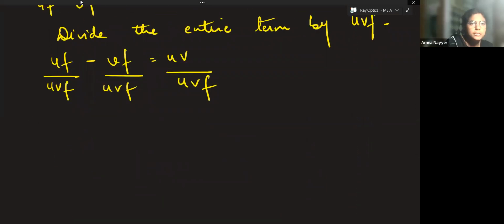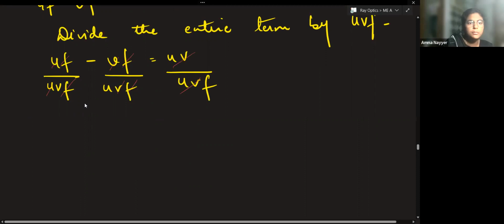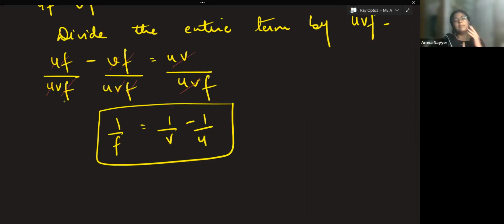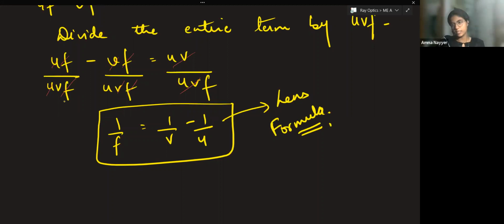See, UF cancels, VF cancels, UV cancels. So we'll be left with 1 by F is equal to 1 by V minus 1 by U. 1 by F is equal to 1 by V minus 1 by U. And this is known as the lens formula.